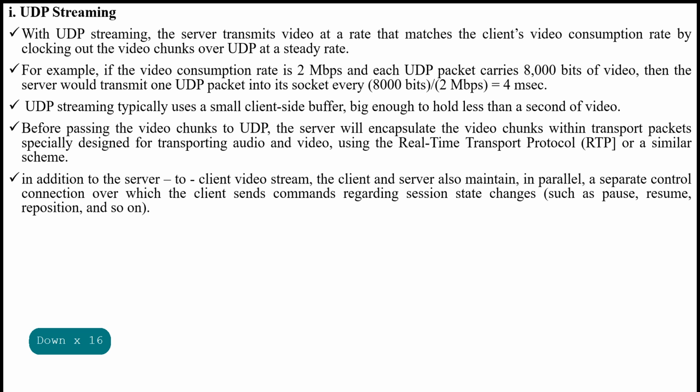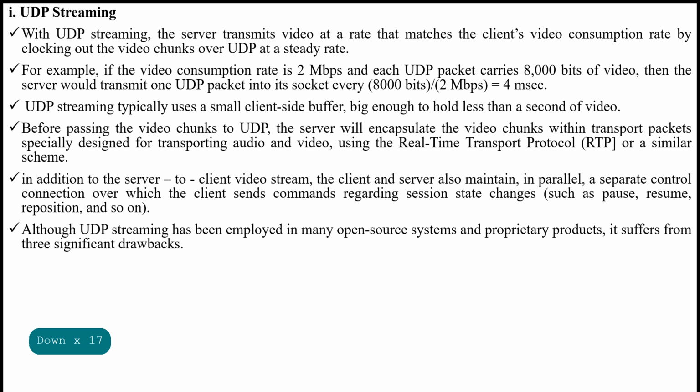In addition to the server to client video stream, the client and server also maintain in parallel a separate control connection over which the client sends commands regarding session state changes, that is pause, resume, reposition, and so on.